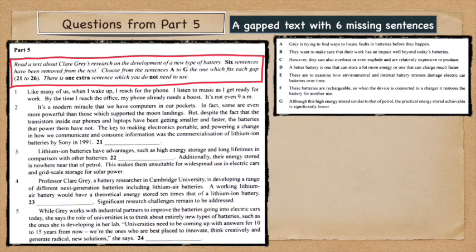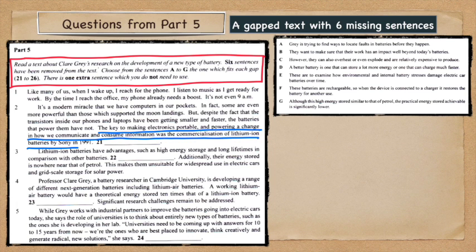For number 21, you need to read paragraph 2, and you look at the sentence before the gap. The sentence says: the key to making electronics portable, empowering a change in how we communicate and consume information, was the commercialization of lithium-ion batteries by Sony in 1991.